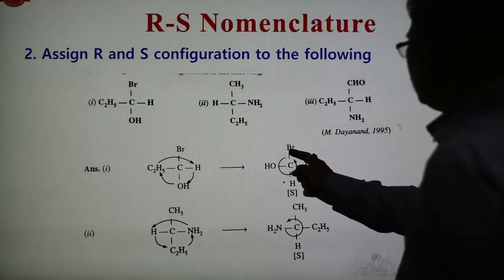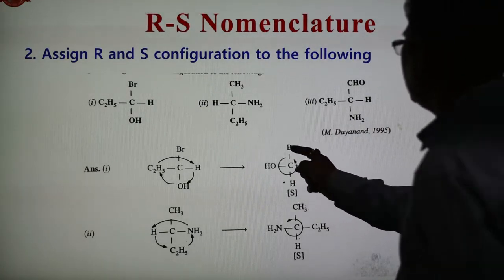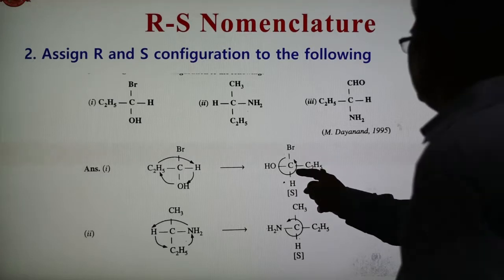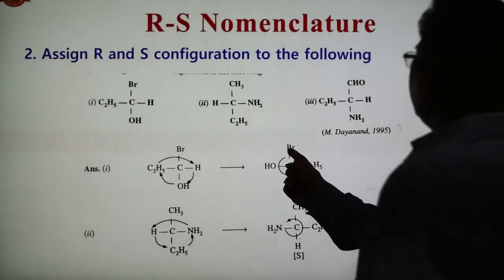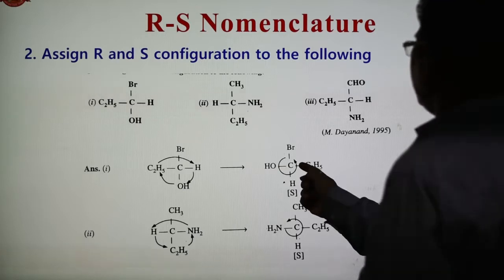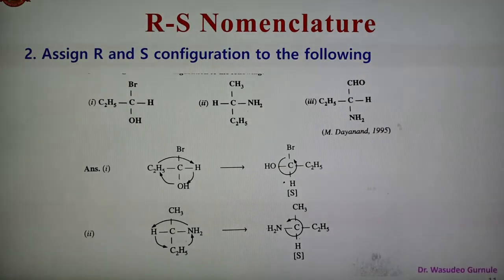So 1, 2, 3, this is the last one, we only have to see the 1, 2, 3 priority. Again it is anti-clockwise movement of the eyes, start from this 1, 2, and this is 3, so this is S, sinister. Sinister means anti-clockwise movement of the atoms or groups of priority. So 1, 2, 3 anti-clockwise toward the left, and now this is the S configuration.